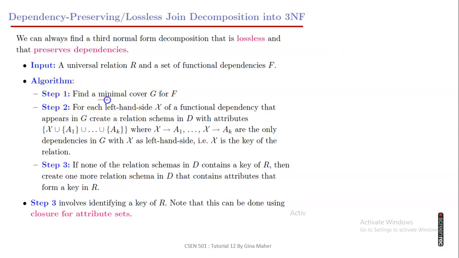First, we get the minimal cover for F. And afterwards, for each left-hand side of a functional dependency that appears, we make a relation where if X implies A, X will be the key. After making these relations, if none of the relations contains a key of R, then create one more to contain the attributes of the key.